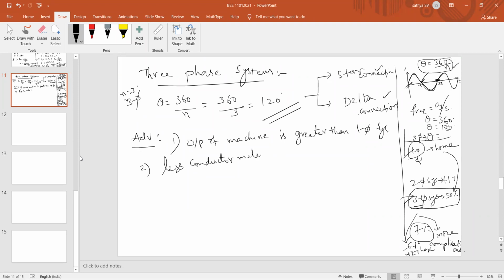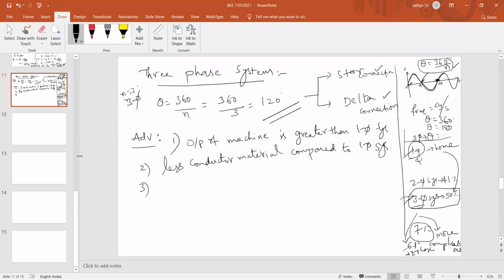While visualizing, it may seem like more conducting material, but as an outcome, the power transmitted and generated is 50% more than the single phase system. For the same power, the single phase system needs more conducting material. So a three phase transmission circuit will require less conductor material compared to your single phase system, right?